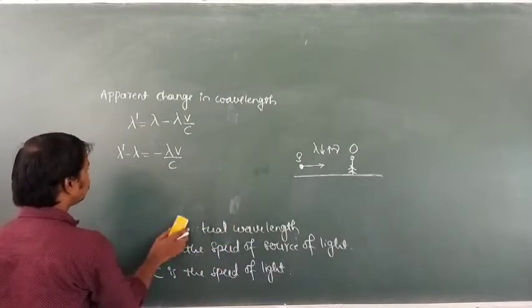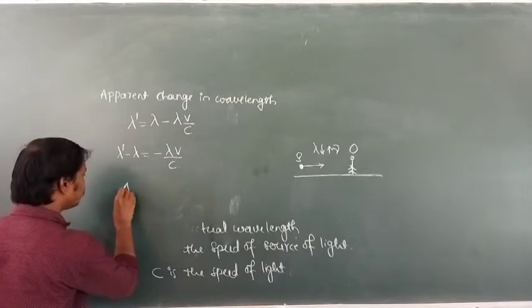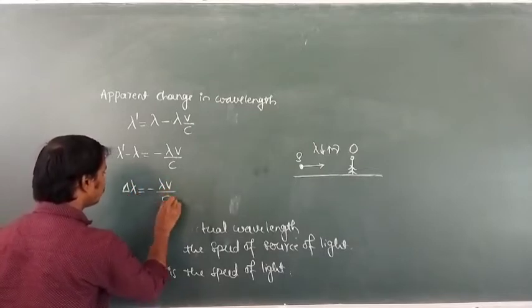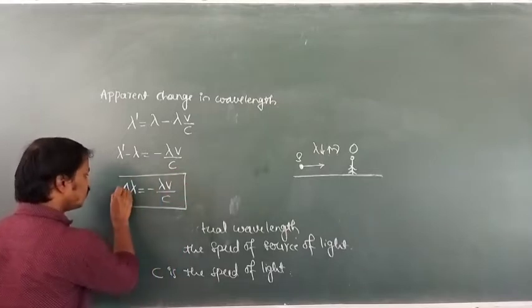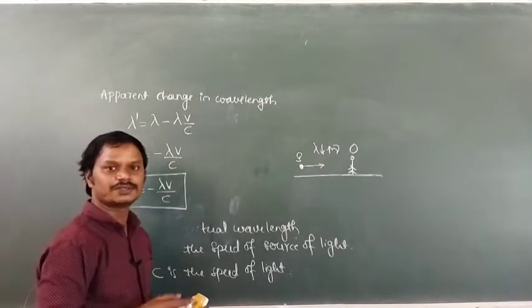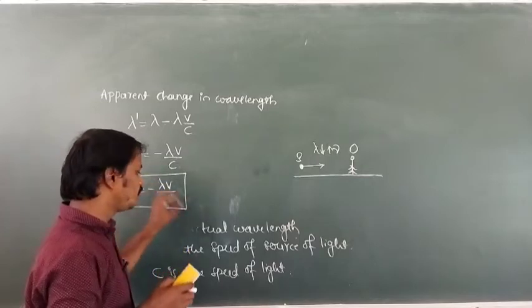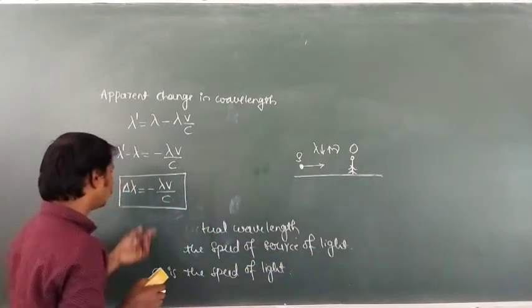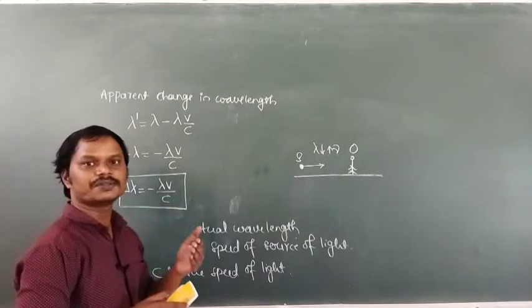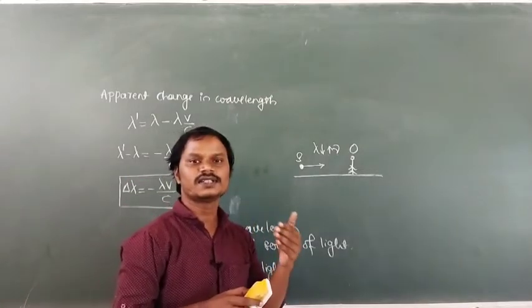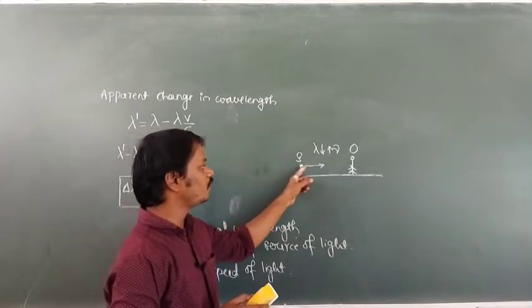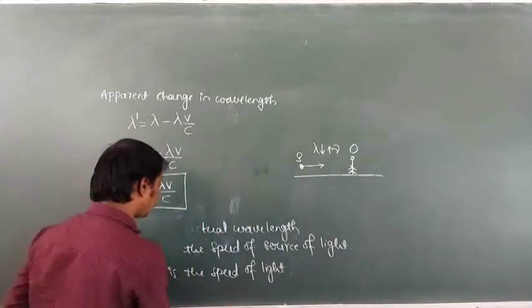The apparent change in wavelength is delta lambda equal to minus lambda into V by C. Remember this formula. Here lambda is the actual wavelength, V is the speed of source of light and C is the speed of light. The negative sign indicates that there is a decrease in wavelength as the source of light moves towards the observer.